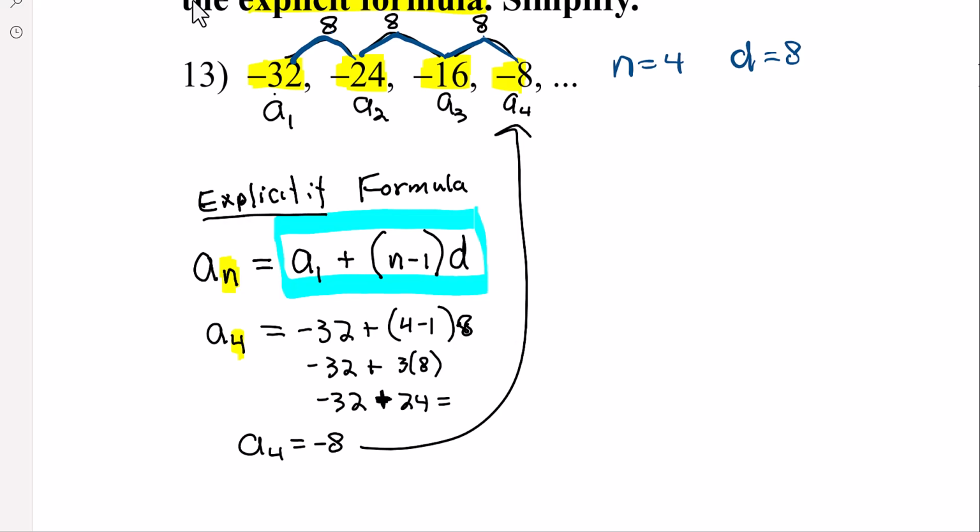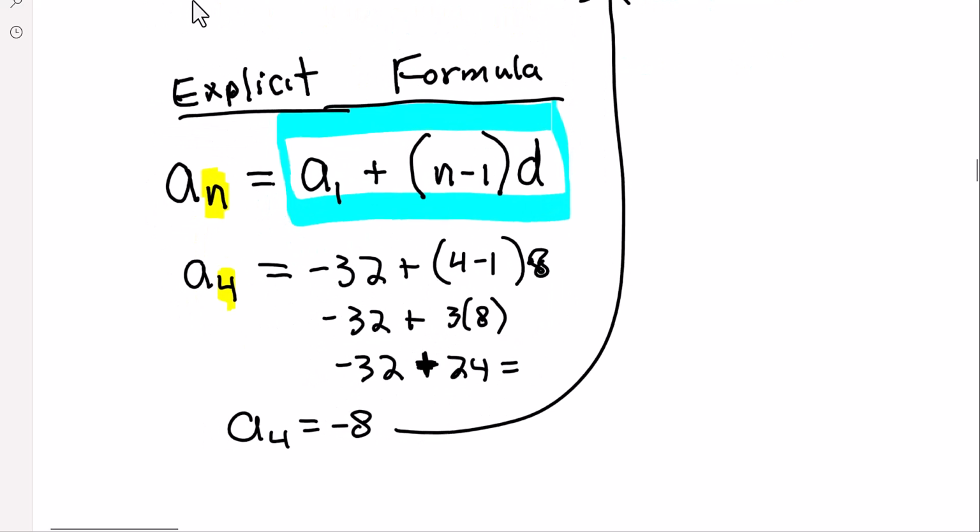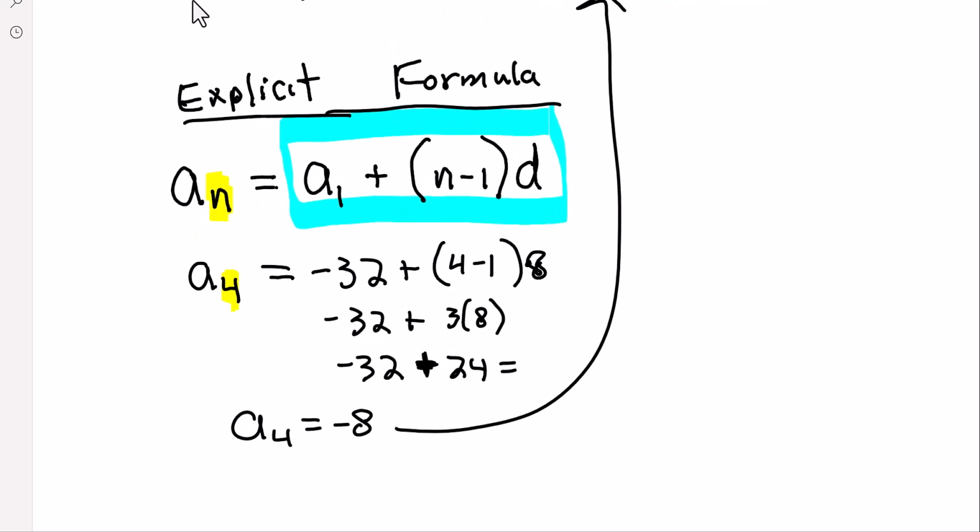So the explicit formula looks like this. You determine which term. So if you wanted to find the 100th term, 100 subtract 1 would be 99, you'd multiply this by 99 and you'd put a sub 100.